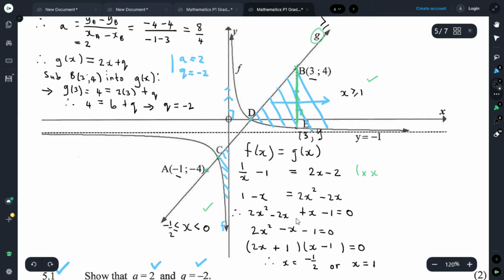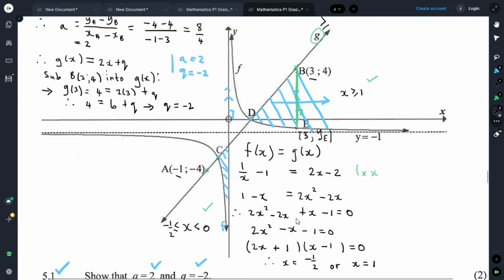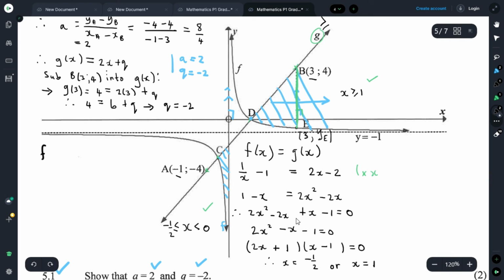And then we can find the y coordinate of E because point E falls on the hyperbola, and we can substitute the x coordinate in the function to find the y coordinate. So let's do that, right?